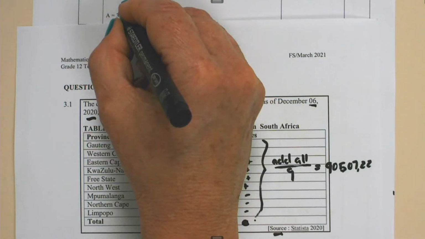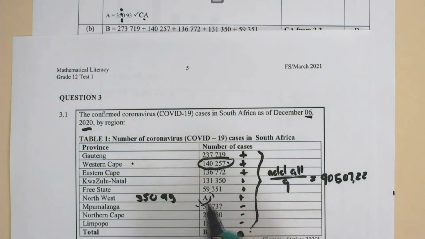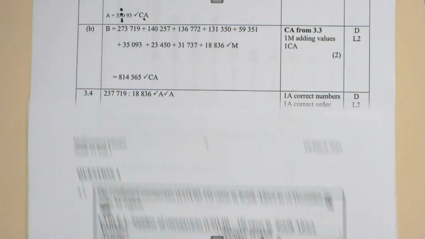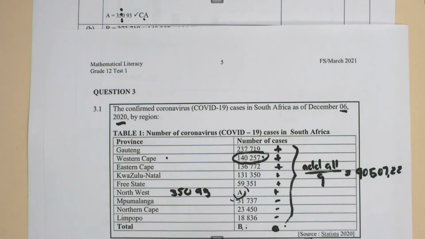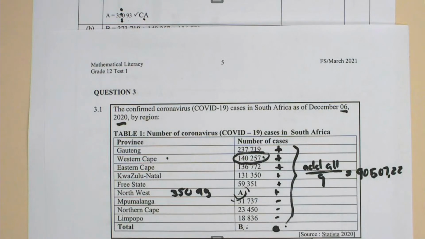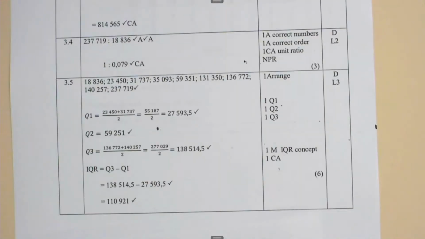Sorry, I see there, it should actually be 35 and then a space 093. We can still see that Western Cape is the second highest. So there's no doubt that the correct answer at 3.2 should be Western Cape. If the learner maybe abbreviates Western Cape and writes WC, you can still give the marks, but the only answer that can be correct there is Western Cape.